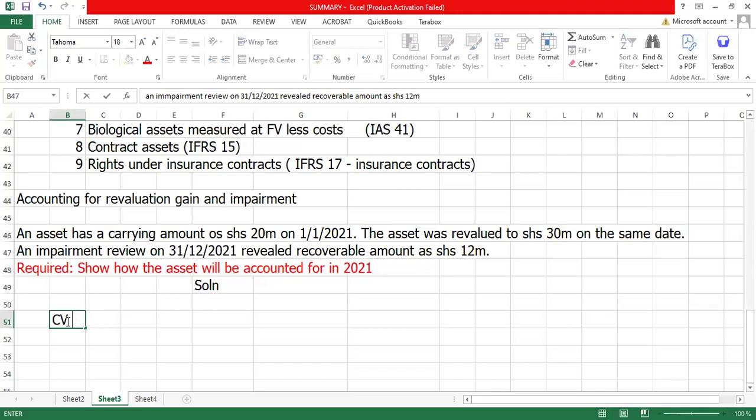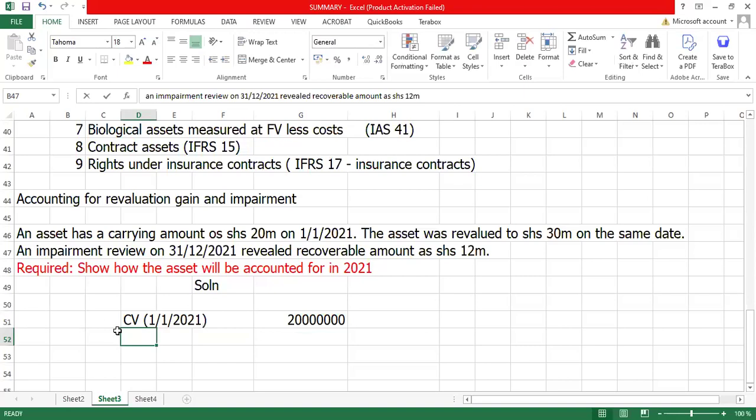You have the carrying value at the start of the year, which was 20 million. Let me put it here: 20 million. That is the carrying value at the start of the year, 1st January 2021.